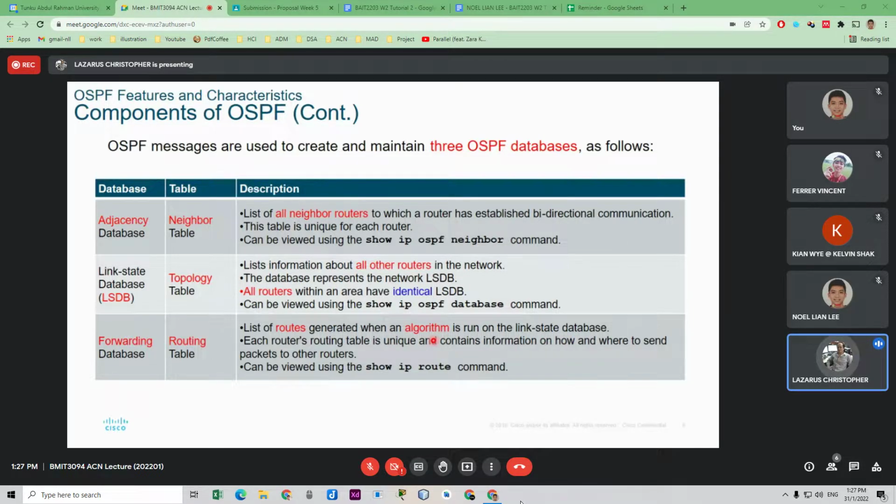This algorithm is a traversal algorithm, and the traversal also calculates the cost of the path. The selected one, the winning path, will then be entered as part of the routing table entry. In our router, if you want to see the content of the routing table, you type show ip route. Is that okay so far?